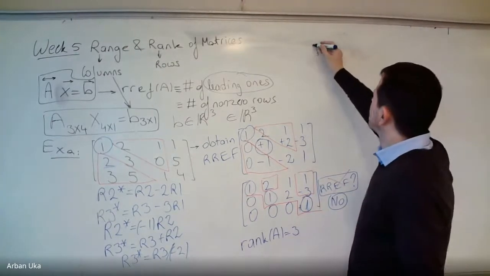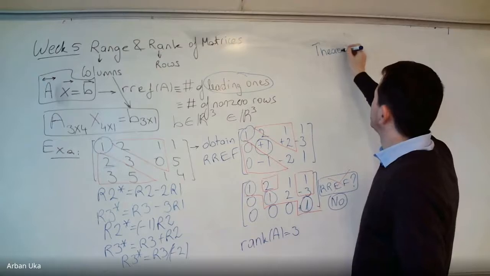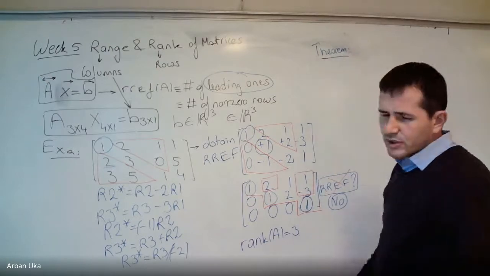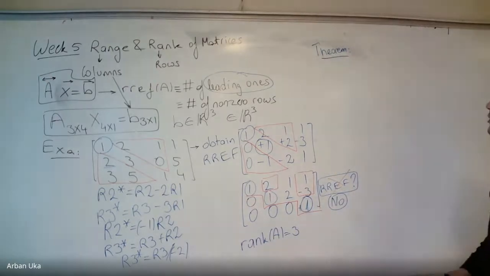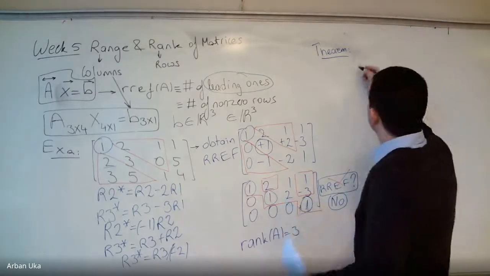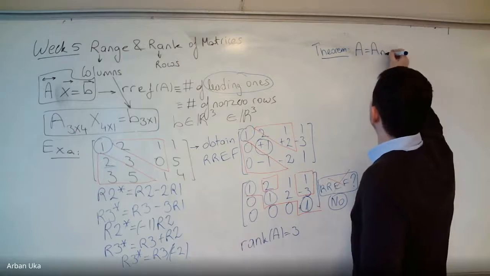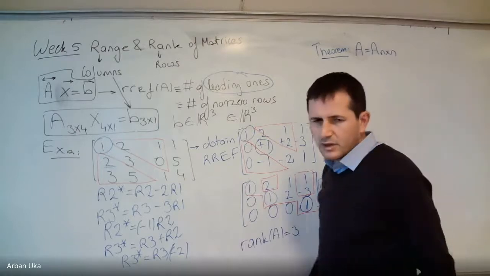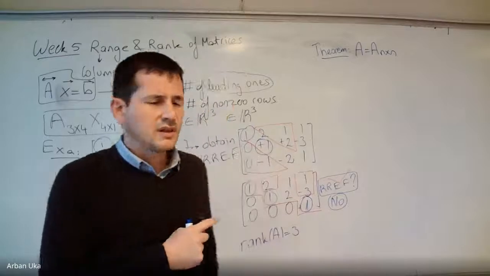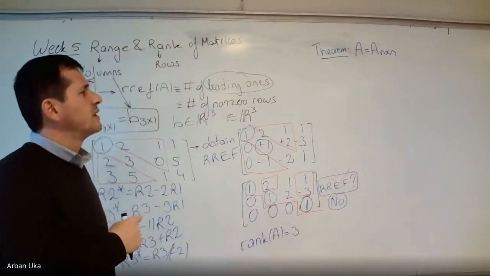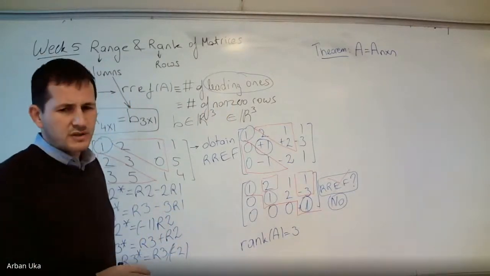Now it's time for us to provide a theorem, which should be very useful to us. Main theorem: it states that if we have A, which is an n by n matrix, how do you read that statement on the board? Apparently, we have a square matrix, which is n by n.